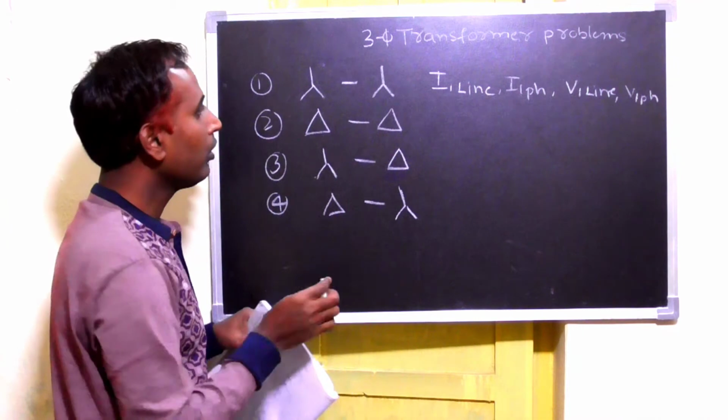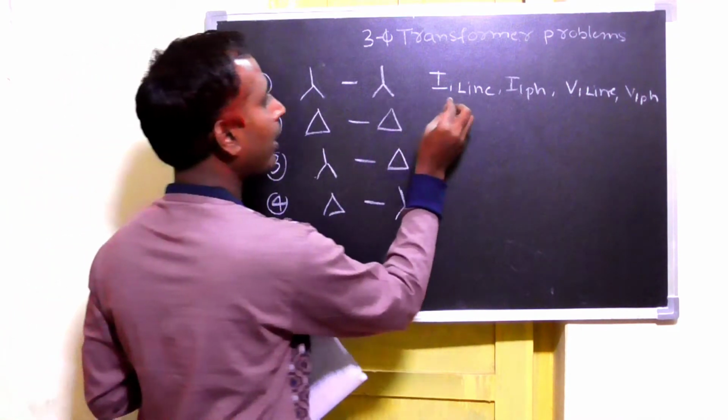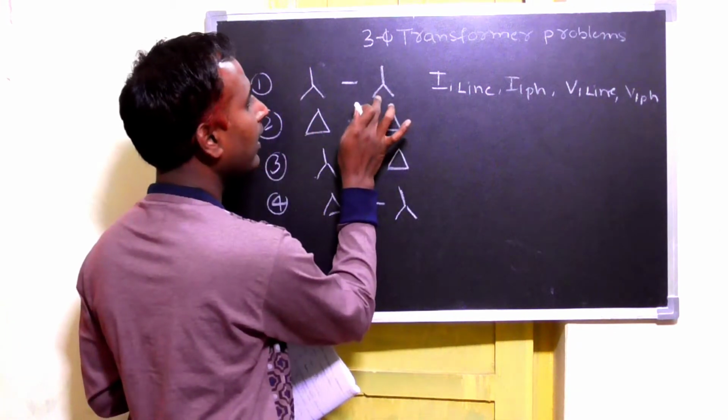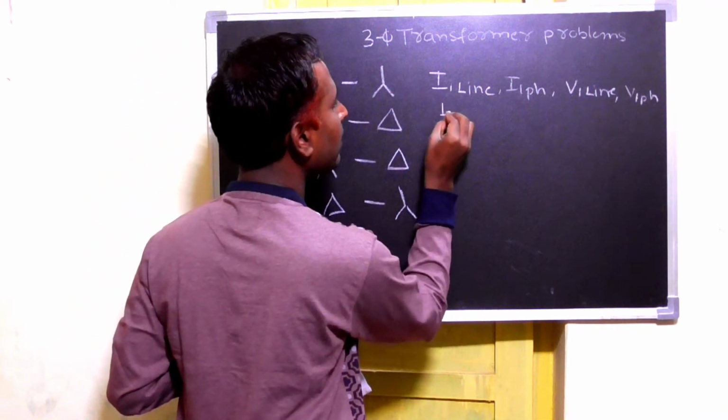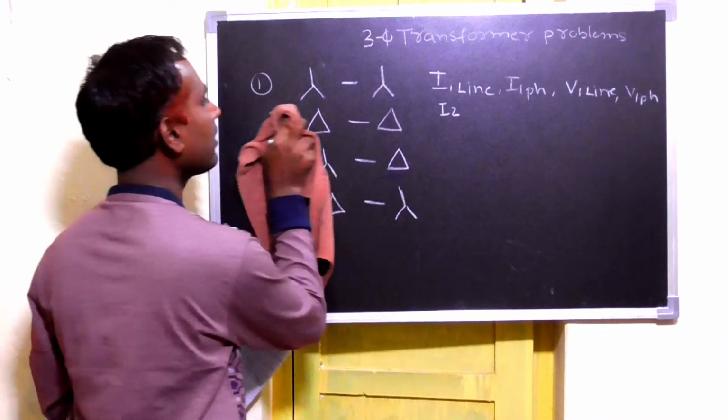Similarly, how do we calculate the secondary line current, I2?